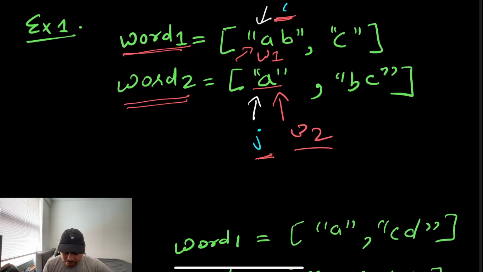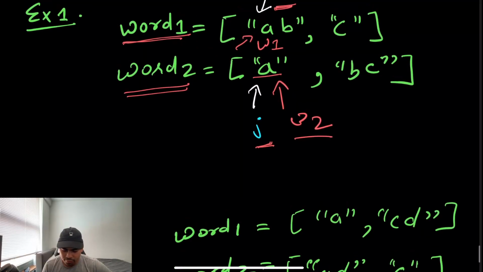In that case, in the end we can just return whether w1 is pointing to the length of the array, because at the end it will also increment once you finish with the i and j pointers. And in this case it's going to return true.